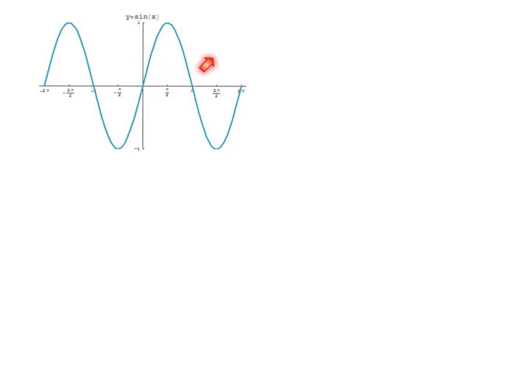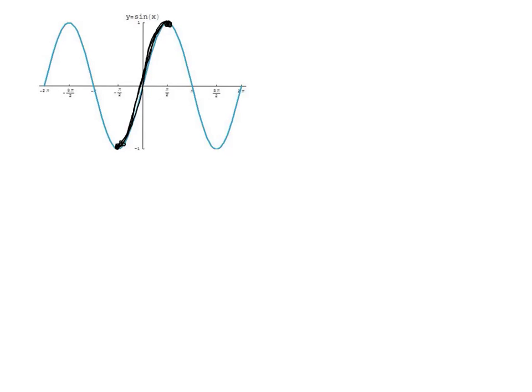But if we restrict the domain, and let's say we only look from here to here, so it's negative pi over 2 to pi over 2, just this one single section here, notice that on that interval, sine is one-to-one.